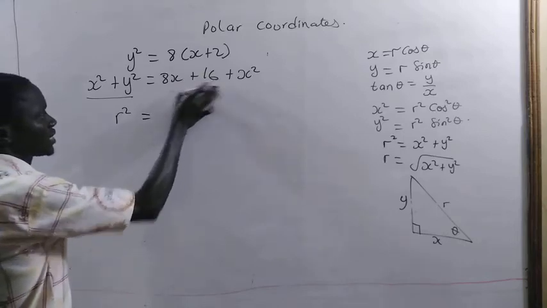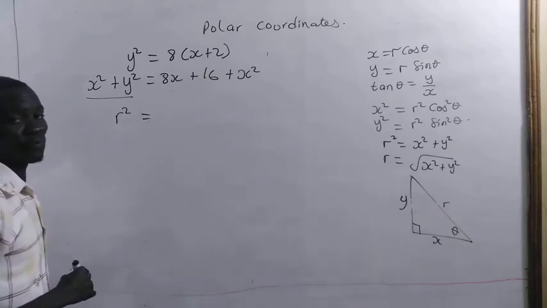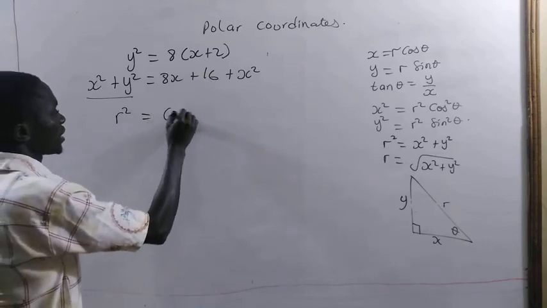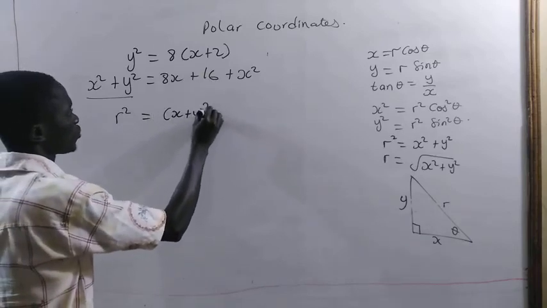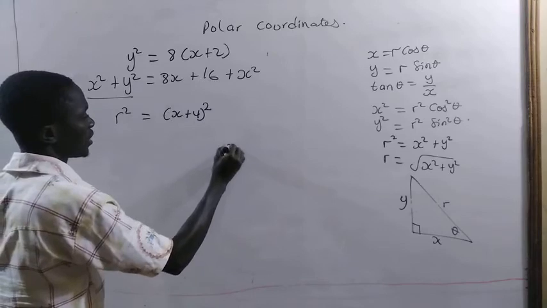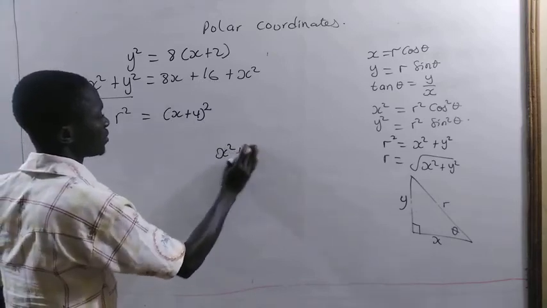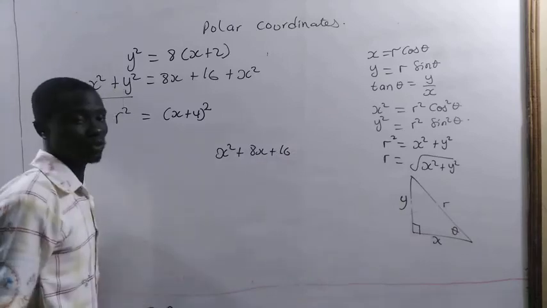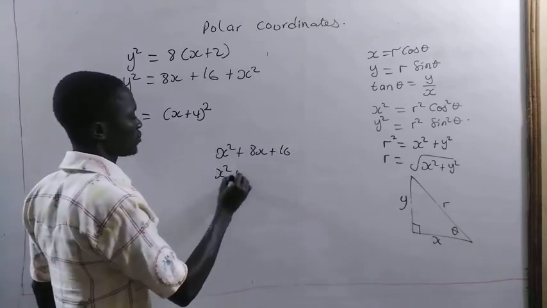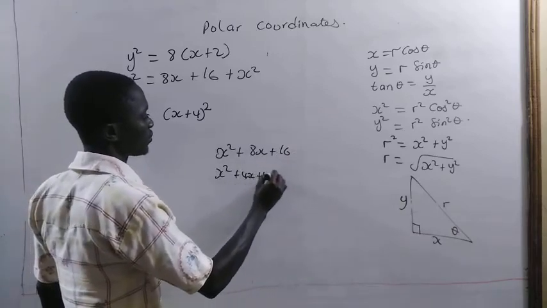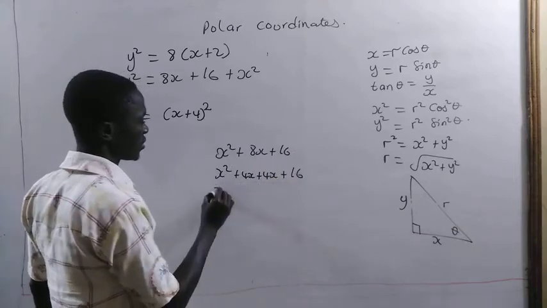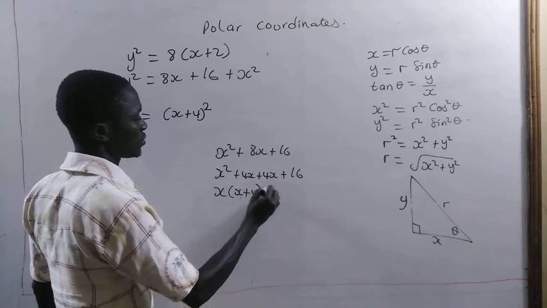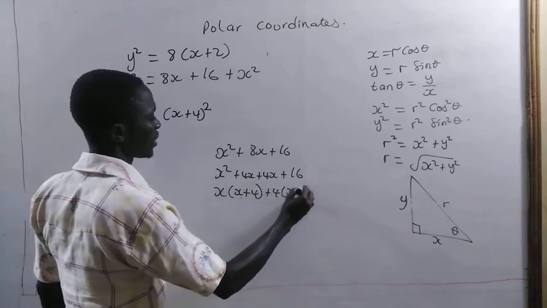And this one, let us factorize it and see. This will give us x plus 4 squared. Just take that. x squared plus 8x plus 16 is a perfect square. As x squared plus 4x plus 4x plus 16, x into bracket x plus 4 plus 4 into bracket x plus 4.